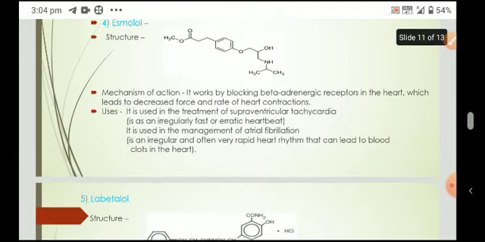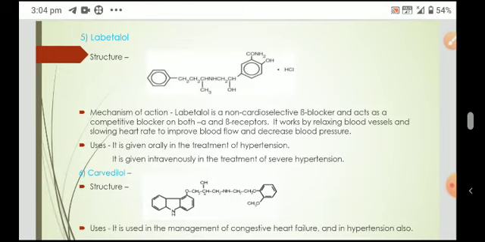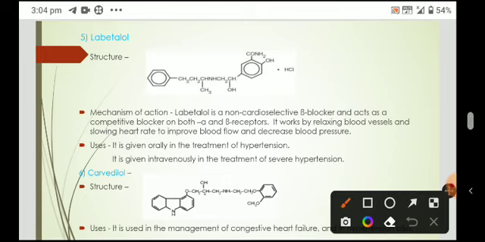All these drugs, and the next, labetalol, come in the beta adrenergic blocker category, meaning their first mode of action is that they block the beta receptors. Everyone should consider this. Regarding labetalol, it is a non-cardioselective beta blocker and acts as a competitive blocker on both alpha and beta receptors.